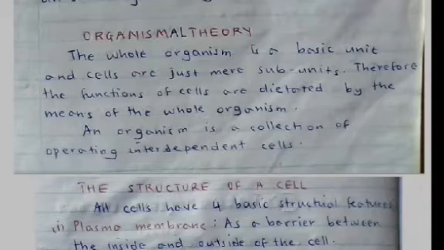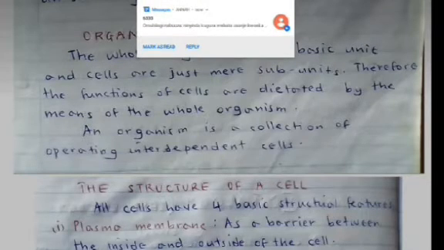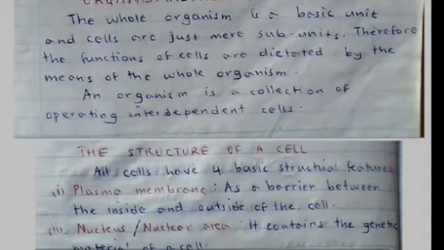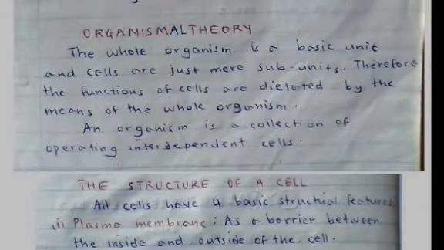It says that the whole organism is a basic unit and cells are just mere subunits. Therefore, the functions of the cells are dictated by the needs of the whole organism. So an organism is made up of very many cells, a collection of very many cells.